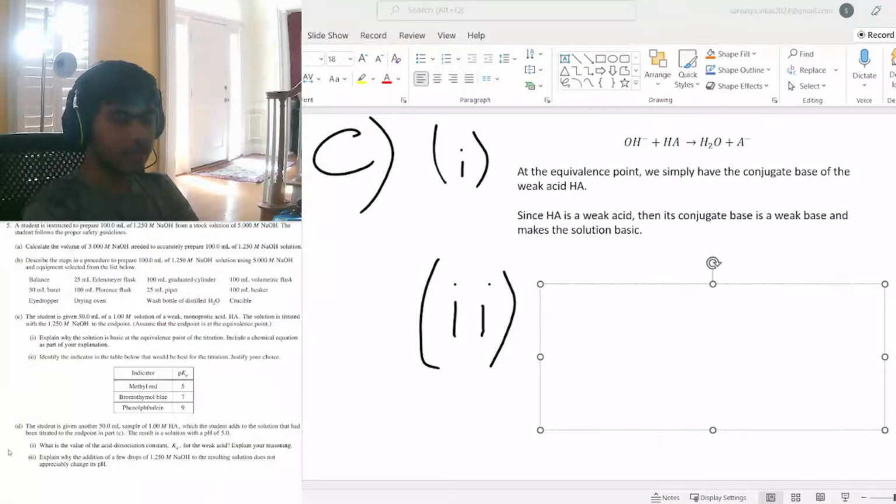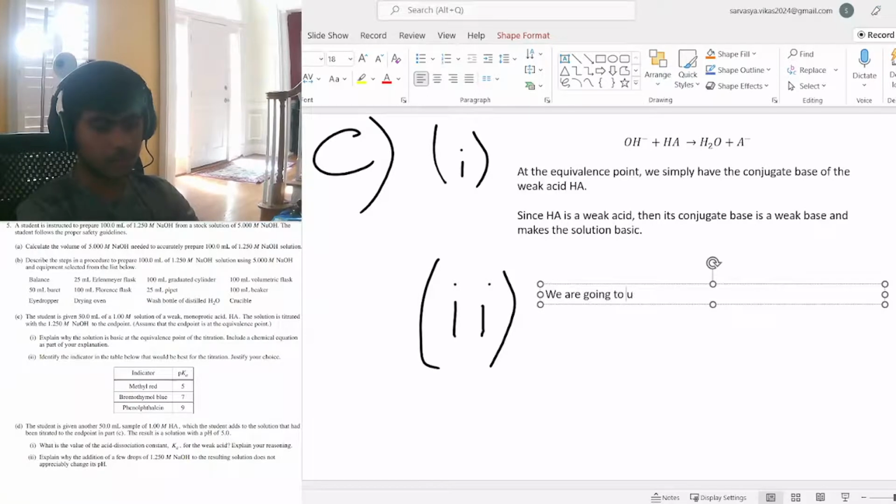Why does it feel like that should be the phenolphthalein? Because the phenolphthalein has a pKa that is basic, meaning that when we're titrating at the basic range, the indicator is going to be most attuned to that since the solution is basic.